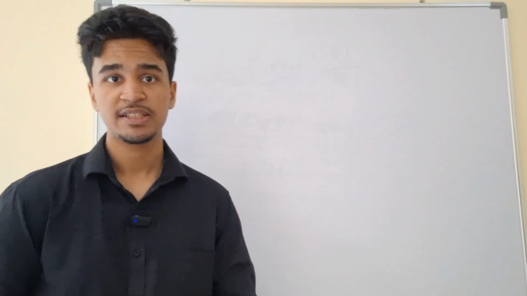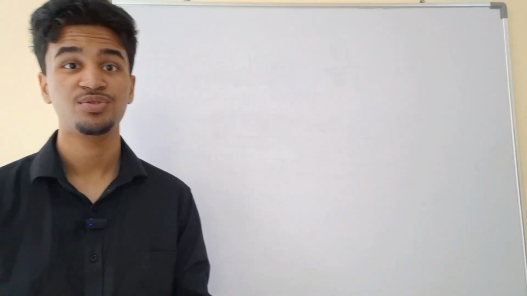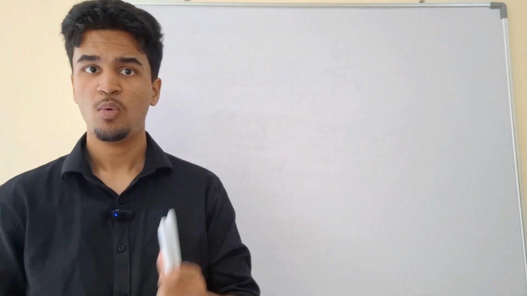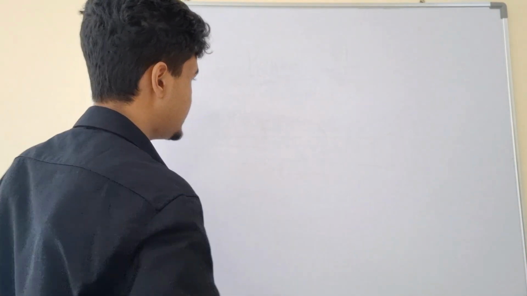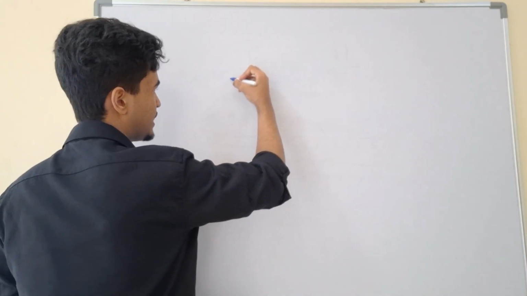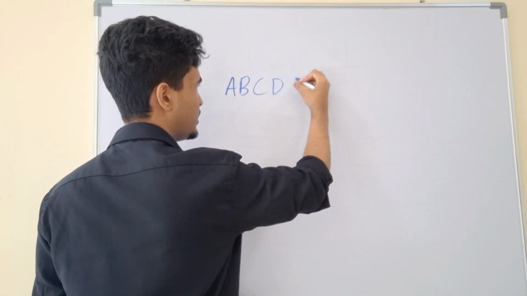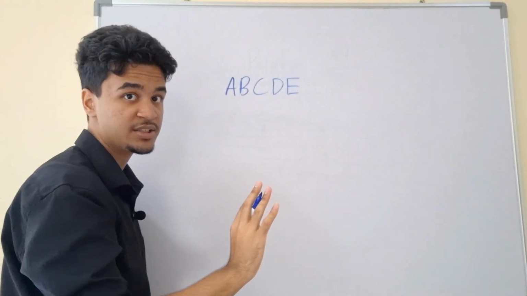In permutations, there is another case where you're going to have to choose x number of objects from n number of objects. What does that mean? It basically means when you have, let's say for example, the letters A, B, C, D, E, right? We have 5 letters here.